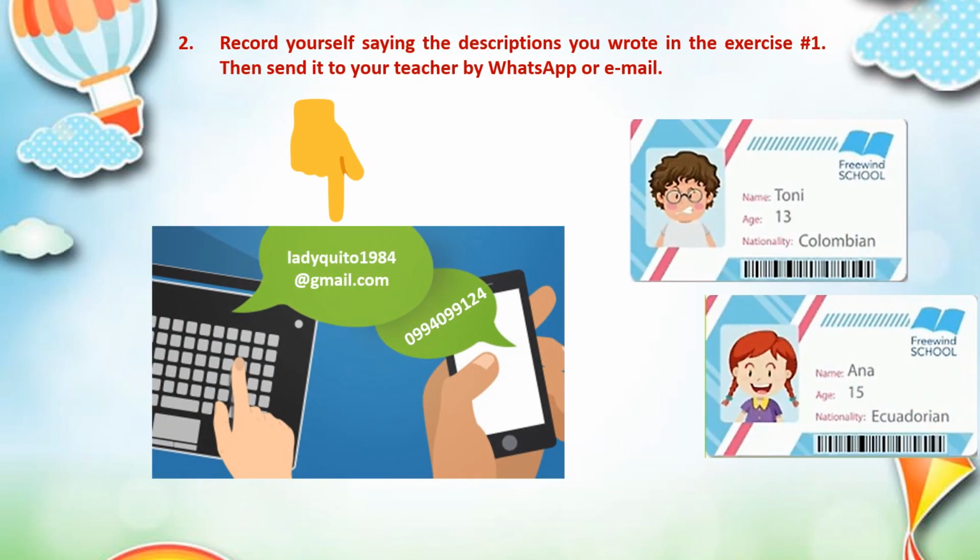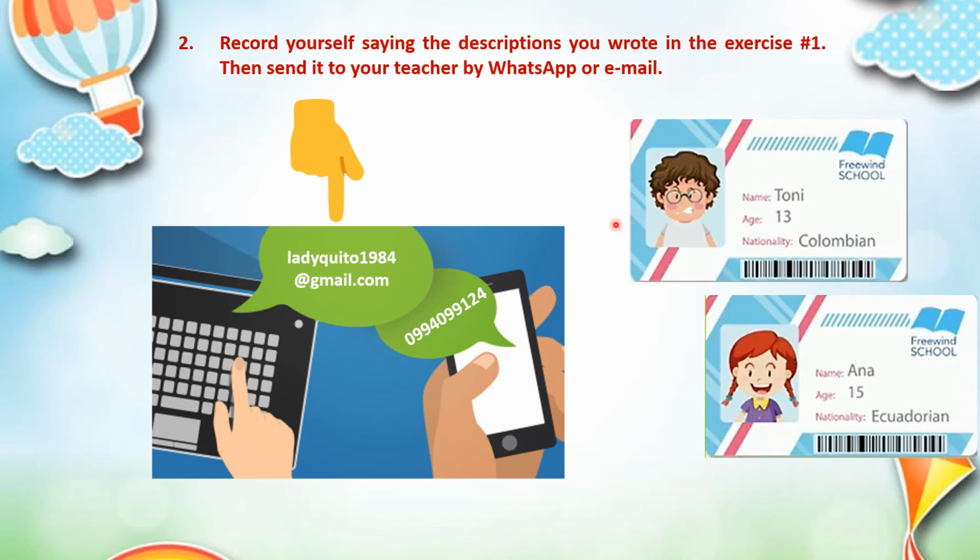Activity 2. Record yourself saying the descriptions you wrote in exercise number 1. Then send it to your teacher by WhatsApp or email. I prefer you send this homework by email. Okay, but if you can, send it to my WhatsApp number.